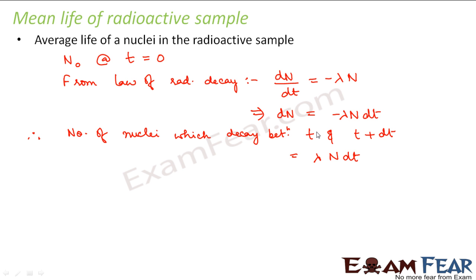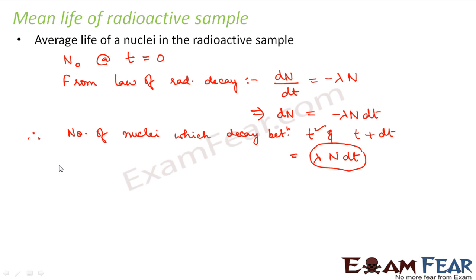But we don't know how many people exactly die in each year, because some of them might live more, some of them might live less. We don't know exactly who will live till what time. Similar is the case here. This is the total number of nuclei which will decay between t and t plus dt. But which nuclei will live for a longer time and which for a lesser time, we are not sure. So we will have to calculate an average life of these nuclei.